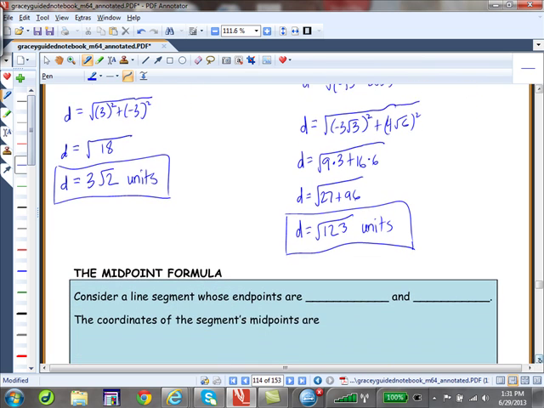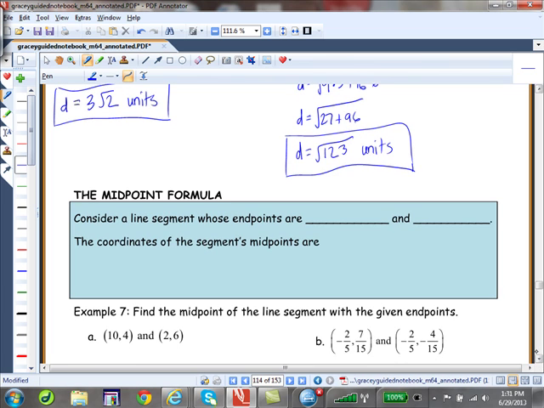The midpoint formula. So consider a line segment whose endpoints are our old friends x1, y1, and x2, y2. The coordinates of the segment's midpoint will be, now this one, it's just the average of the x values is going to be the x coordinate.